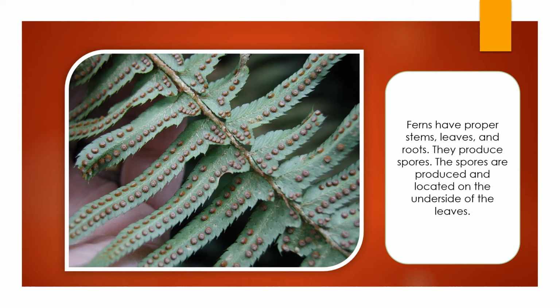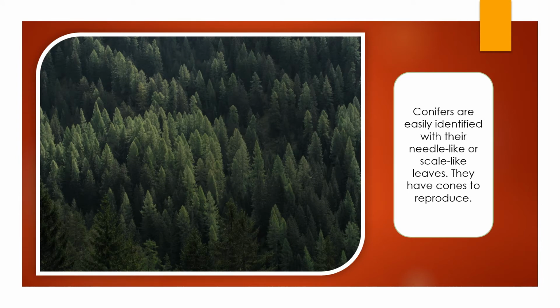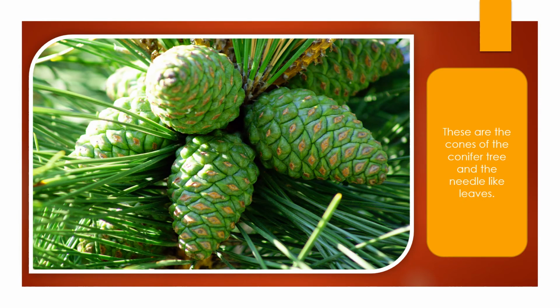The spores are produced and located on the underside of the leaves. Conifers are easily identified with their needle-like or scale-like leaves. They have cones to reproduce. These are the cones of the conifer tree and the needle-like leaves.